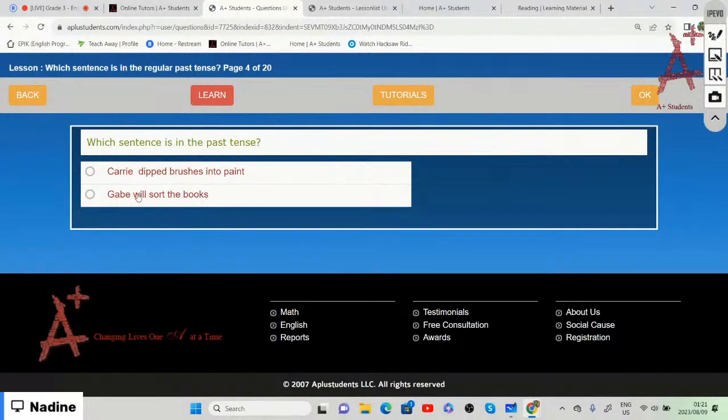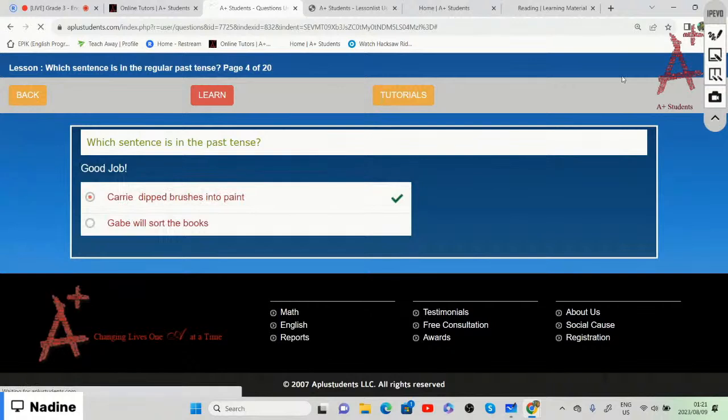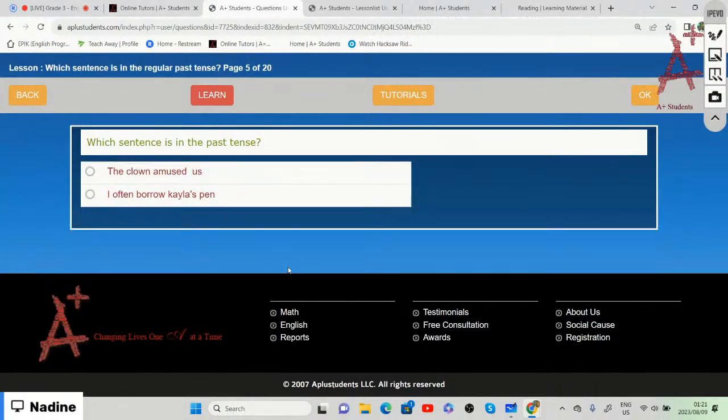Carrie dipped brushes into paint, or Gabe will sort the books. So if we select the correct regular past tense, then we will say Carrie dipped brushes into paint. And the word dipped ending in ed shows that it happened in the past. And then the clown amused us.